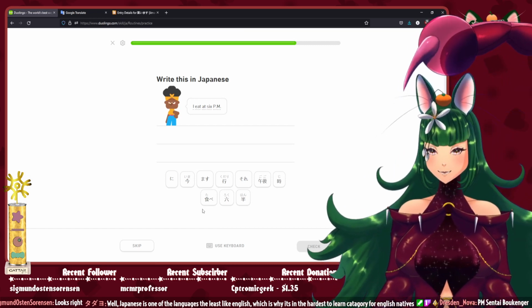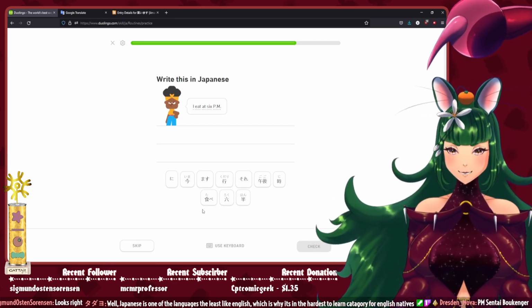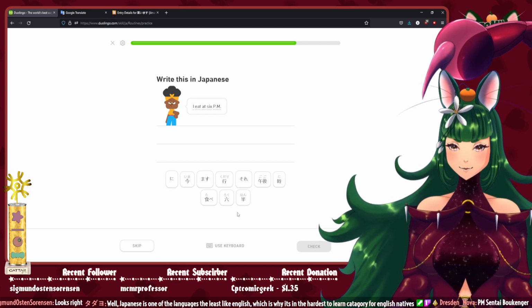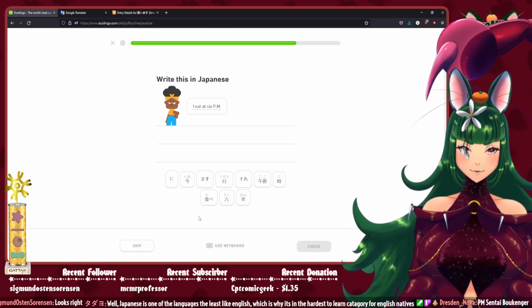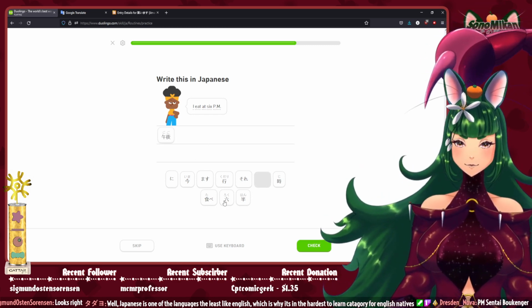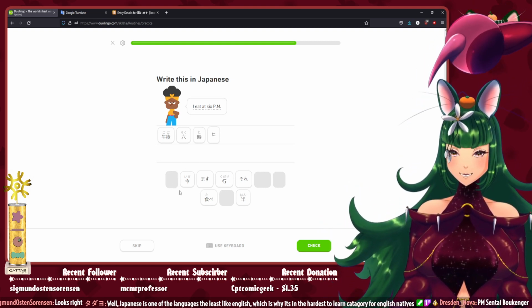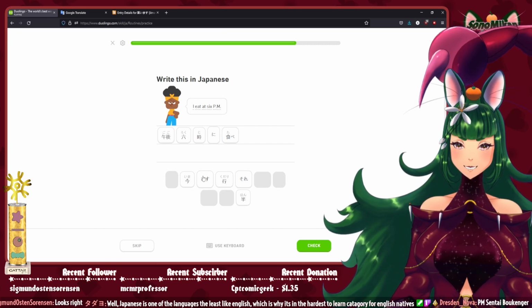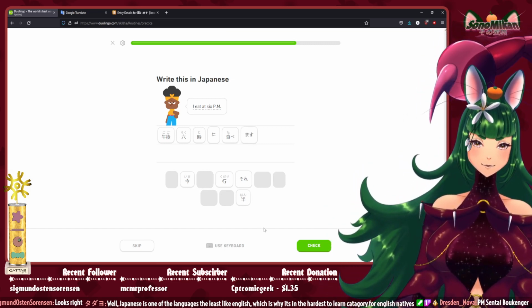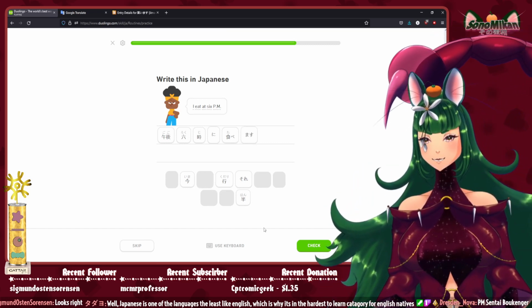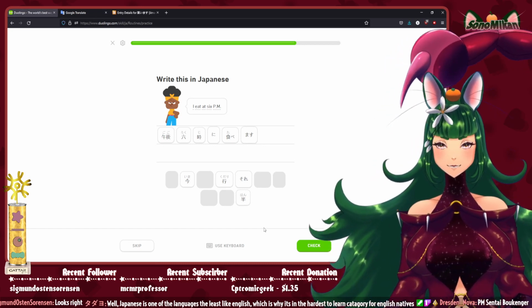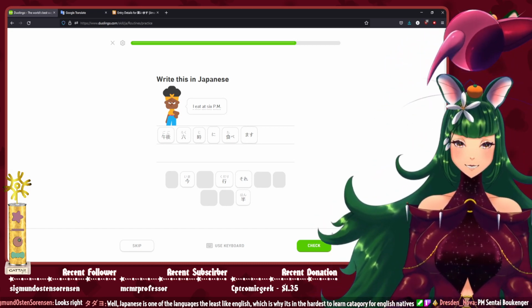Tabemasu. That is actually around when I eat dinner, so what is it? Gozen? Gogo 6時に食べます。So, 午後6時に食べます. So I eat at 6 p.m., which is roughly around when I eat dinner.